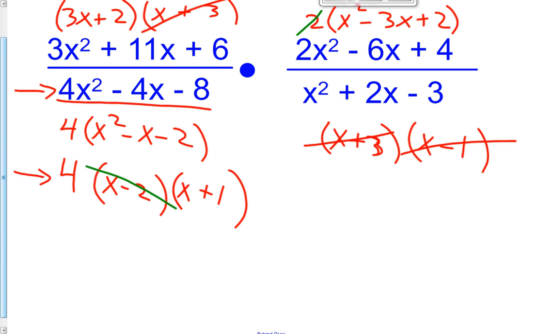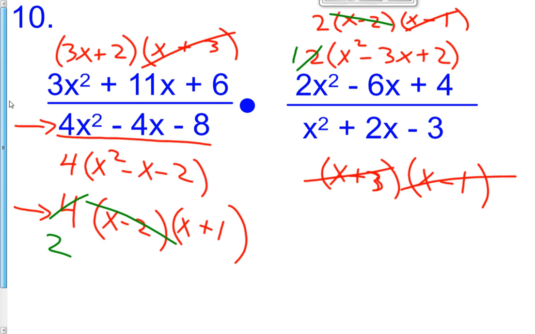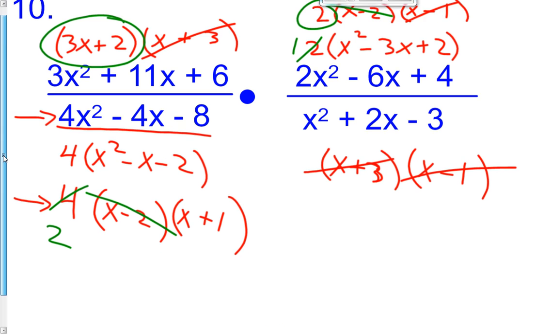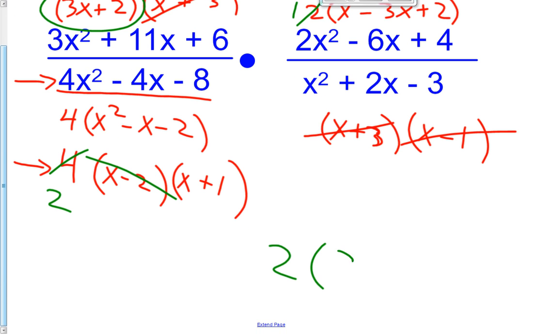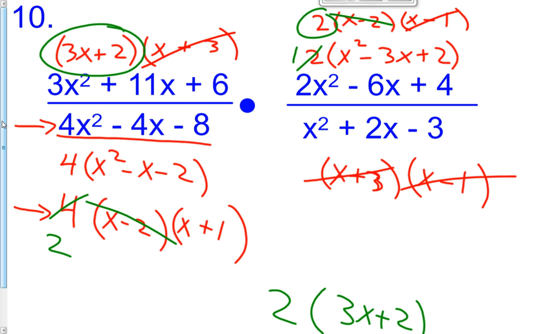Now, oh, we have one more factor. The coefficient of 2 and the coefficient of 4 reduce to 1/2. Oh man, what a roller coaster. So we have this factor left up on top with this factor. So 2 times the quantity 3x plus 2. And in the denominator, I'm left with, oopsie, this reduced.